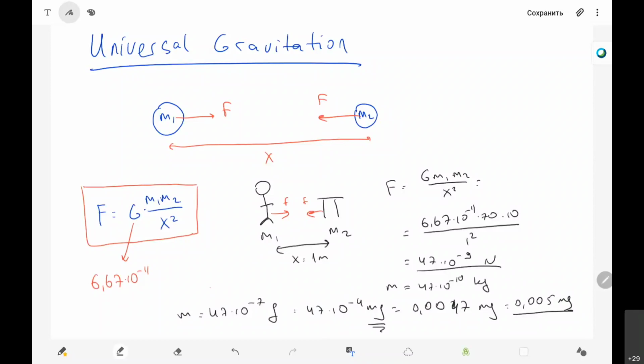In real life, we don't even feel a gram, yes? 1 gram, we don't feel 1 gram, 10 grams. It's very small, we don't feel it. This is smaller than a milligram. So that's why we don't feel this force in daily life.